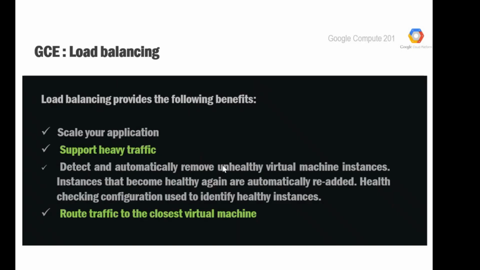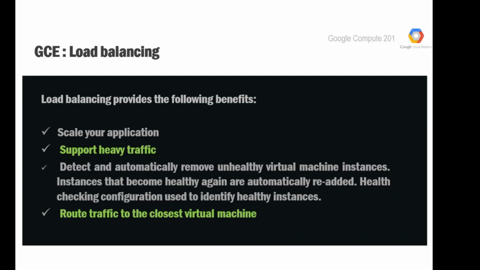Now, from the GCP perspective, load balancing provides the following benefits. You can scale your application and support heavy traffic. It can detect and automatically remove unhealthy virtual machine instances.